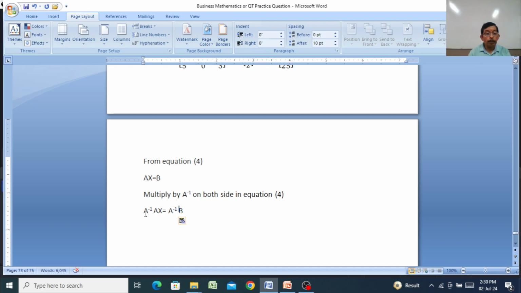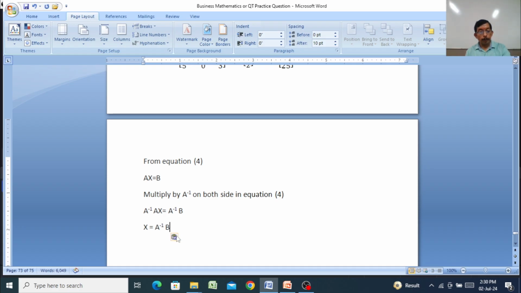If A inverse multiplies A, then we get the identity matrix I, and the identity matrix multiplied by X gives the value of X. Then the result is X is equal to A inverse B.